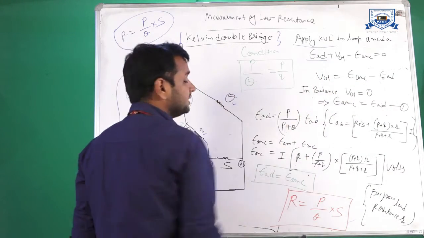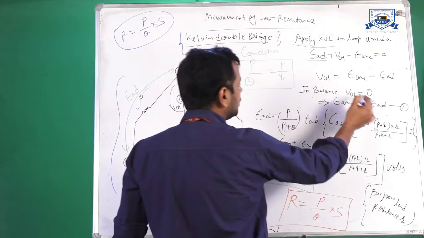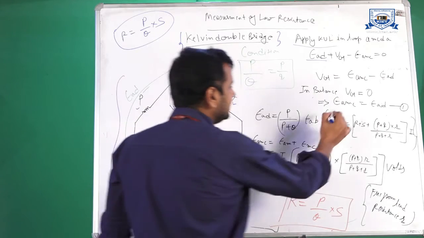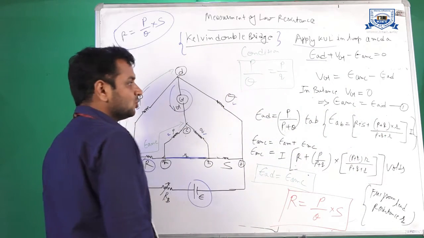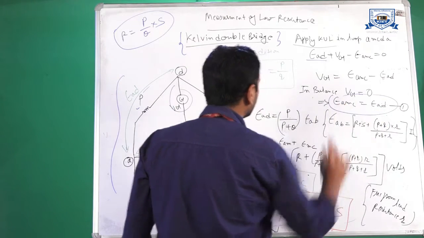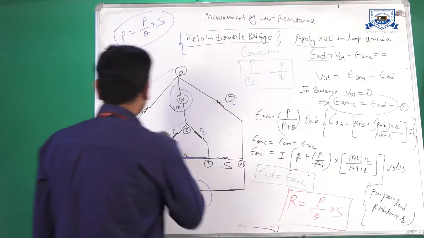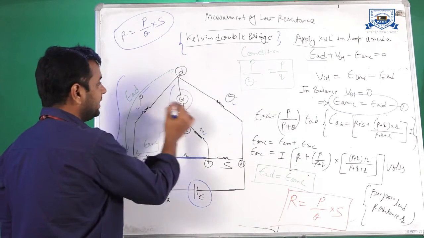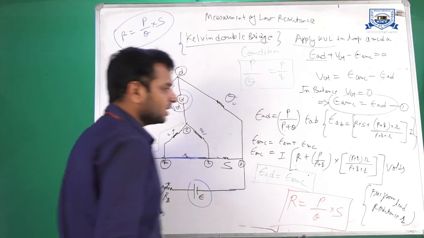But if we consider the condition of balance, then VG will be equal to 0. In that case EAMC is equal to EAD. So we need to find out the value of EAMC or EAD. Okay, so what will be the value of EAD? If we see that circuit, the value of EAD will be P by P plus Q into EAB.